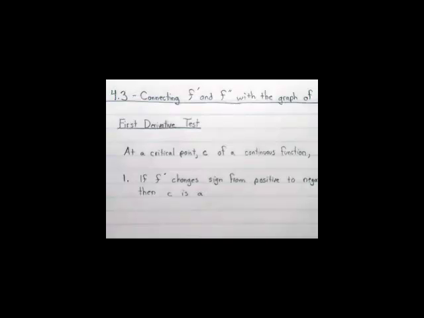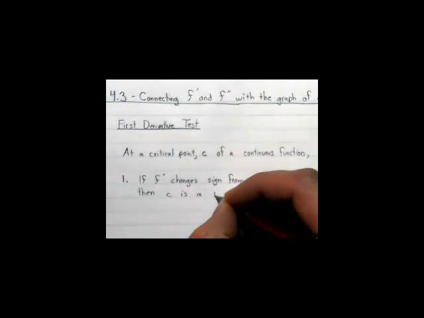You guys could probably answer this for me right now, based on what we've studied so far. If the derivative changes from positive to negative, it's a maximum, right? Because the derivative, remember, measures slope. If the derivative is positive, it's increasing. If the derivative is negative, it's decreasing. So if that changes sign from positive to negative, then c has got to be a maximum.